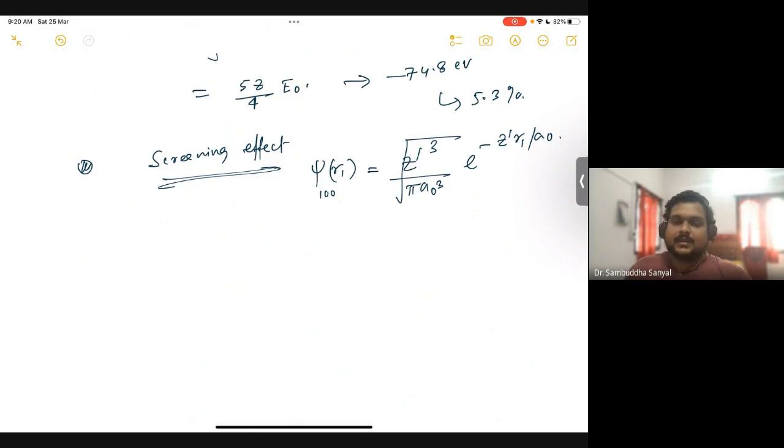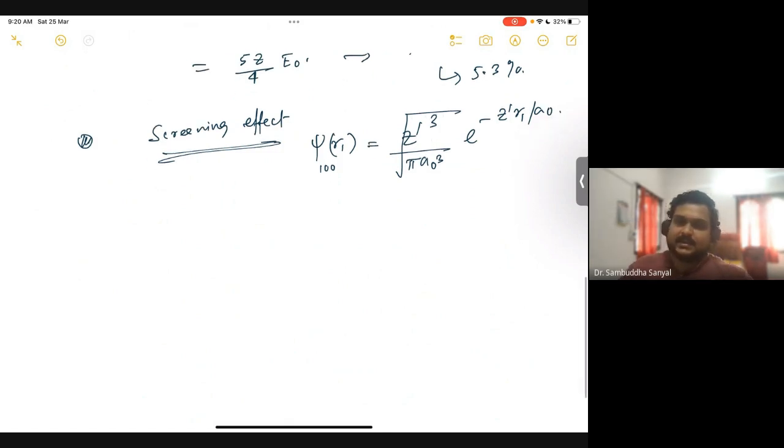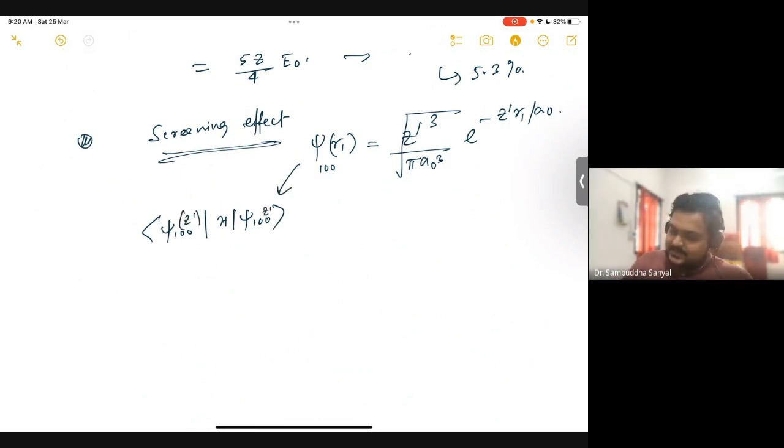Now you can ask this question, that this is now a parameter, and then you can calculate the ground state energy again, just with this new wave function. Let me call it the Z prime wave function, and so on.